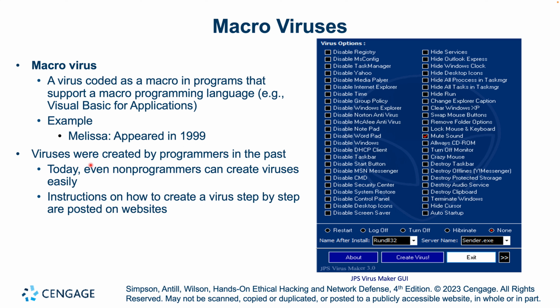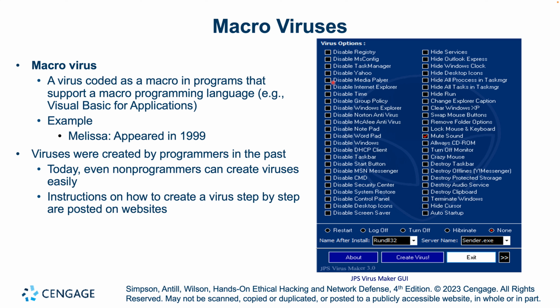Now, viruses were created by programmers in the past. Right now, you could simply download an application like JPS Virus Maker, and here, if you look at the screen, you could check exactly what you want it to do. Like, for example, if you want to disable Windows, or if you want to disable Start button, or disable CMD.